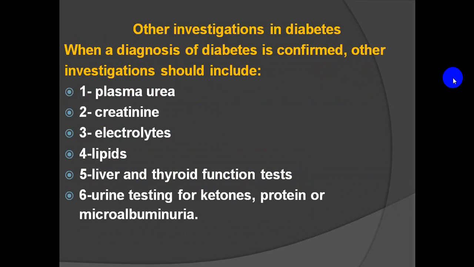Other investigations in diabetes mellitus include plasma urea, serum creatinine, serum electrolytes, serum lipids, liver and thyroid function tests, in addition to, as I have mentioned, testing the urine for ketones, protein, or microalbuminuria.